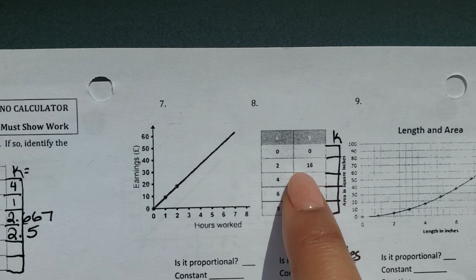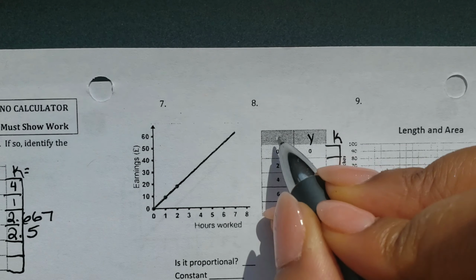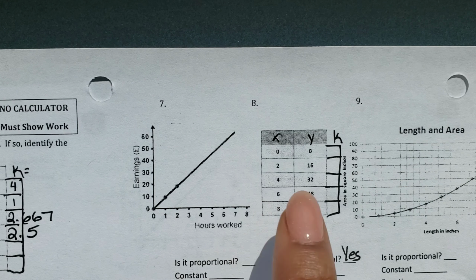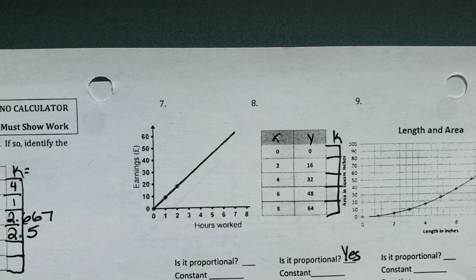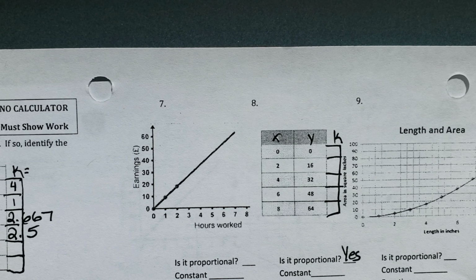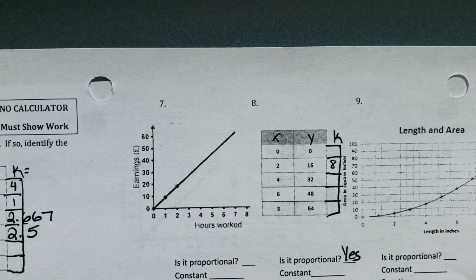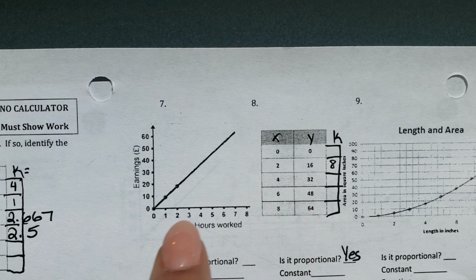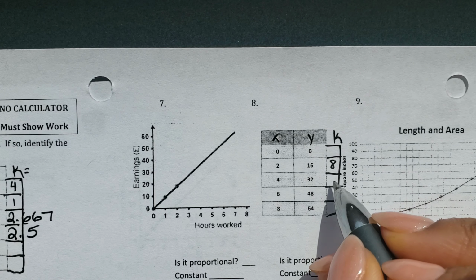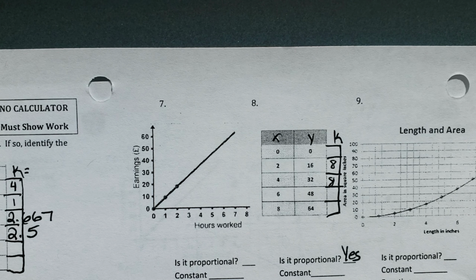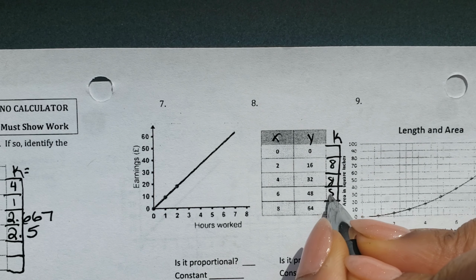And we're going to divide y. It's kind of hard to see. And then that's an x. So 16 divided by 2. And you probably know this off the top of your head, which is 8. And then let's do the next one. 32 divided by 4 right there. And it gives me 8 again. 48 divided by 6 is going to give me 8.